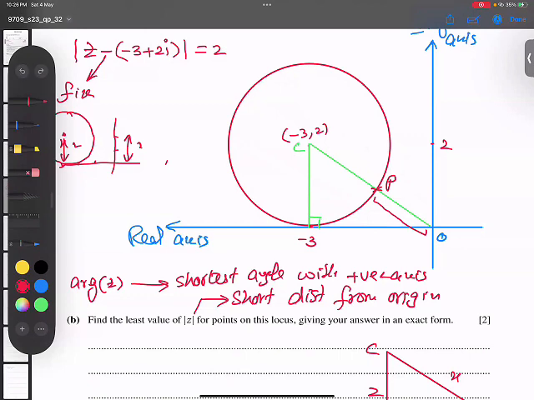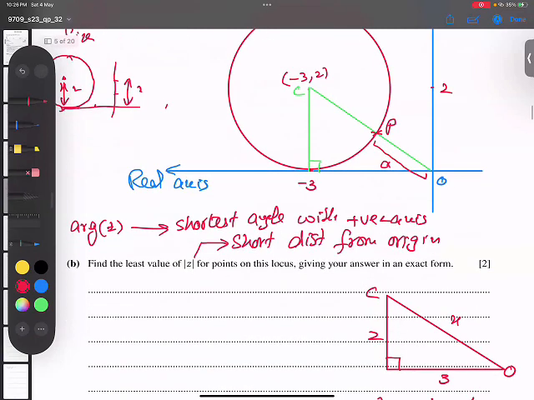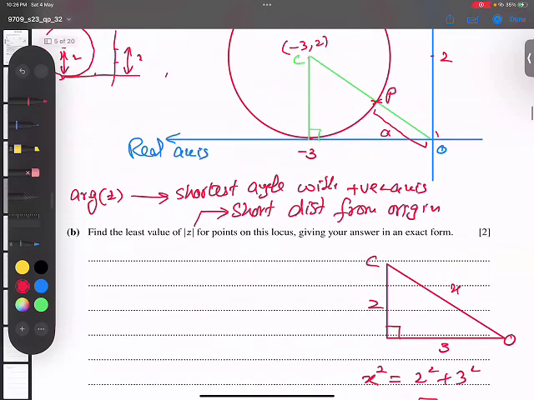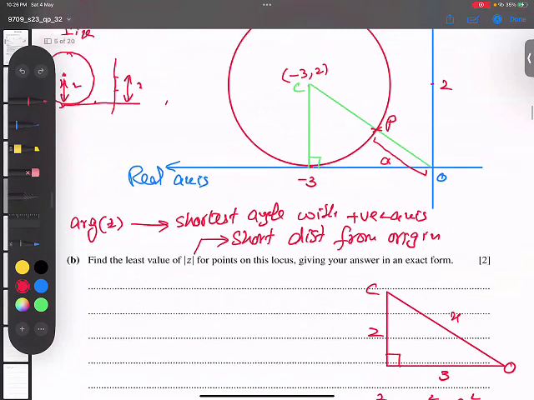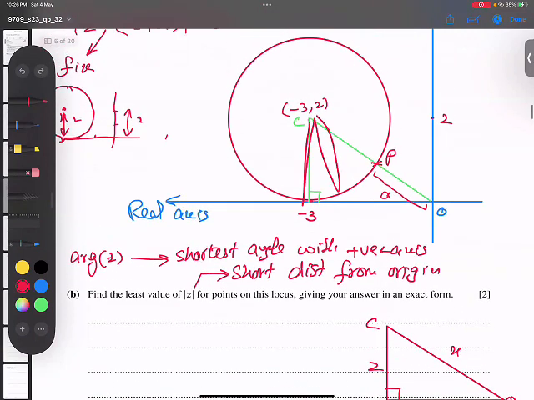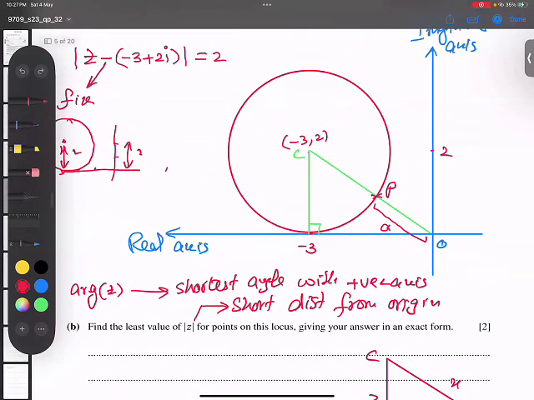Let's say I give it a name, any variable, I call it A. How to get it? This gap I already have: root 13, the full gap. And there's a radius, and the radius is 2, so this gap is 2. It means from the total gap, if I subtract this gap, I will get this gap.